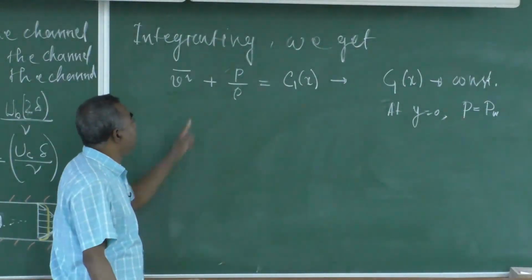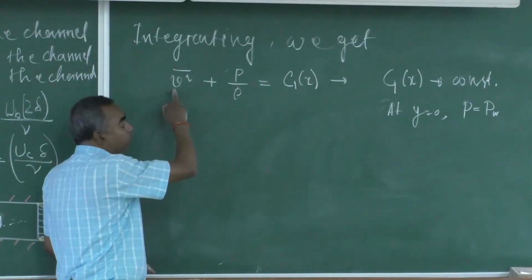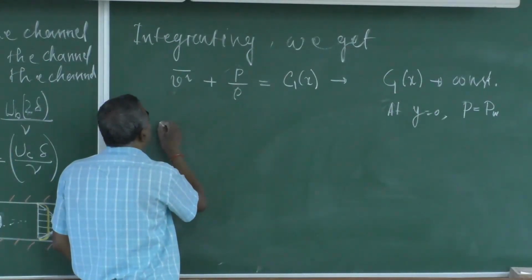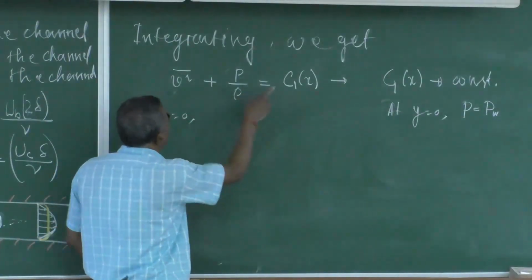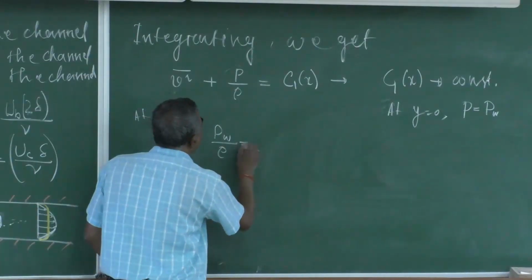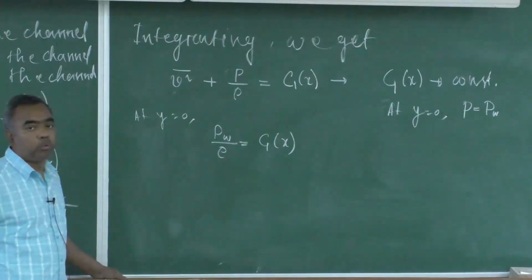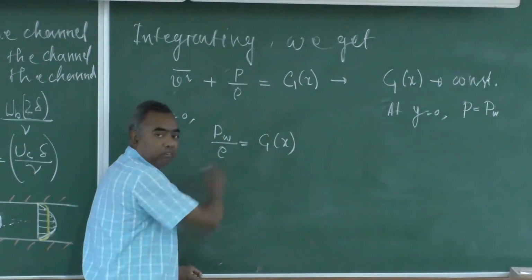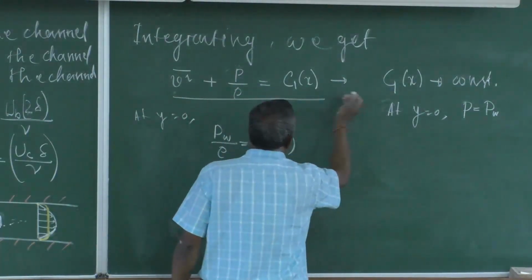If this is the case, then you see at y is equal to 0, this particular quantity is 0 and this is going to be Pw then, okay. So, at y is equal to 0, this above equation will be then Pw by rho equals to your C1 of x, okay. So, still it says that this Pw then can be a function of x, okay. So, Pw can vary with respect to x.